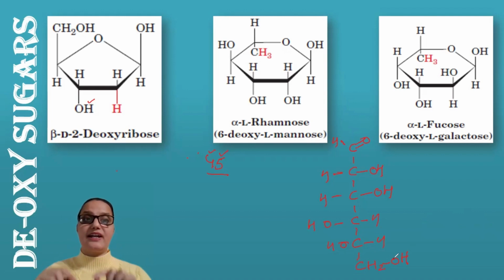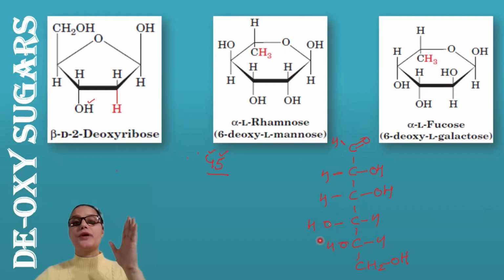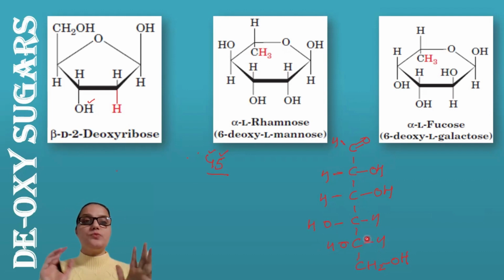Now, when this gets cyclized, the rule about cyclization will remain the same. Whatever is on the left-hand side of the chain will be directed upwards on the ring, and whatever is on the right-hand side of the chain will be directed downwards on the ring. If you go by this rule, starting from carbon number 2, OH is directing downwards.